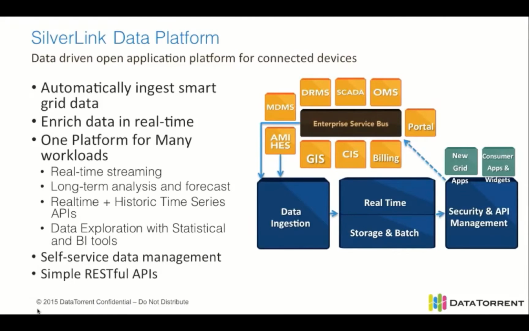One of the big problems that we found when we started this journey was that typical architectures at a utility include a number of legacy systems organized generally around an enterprise service bus.